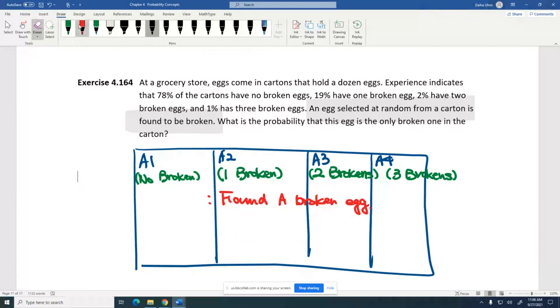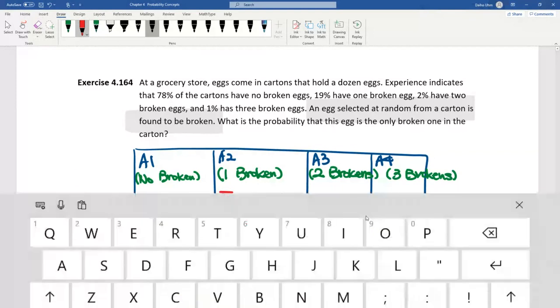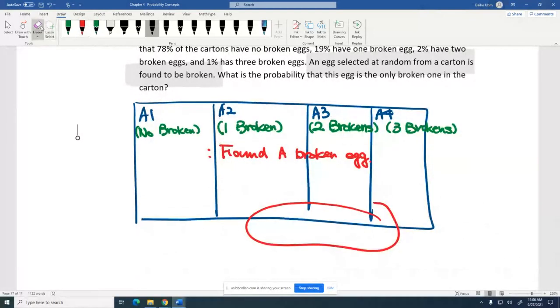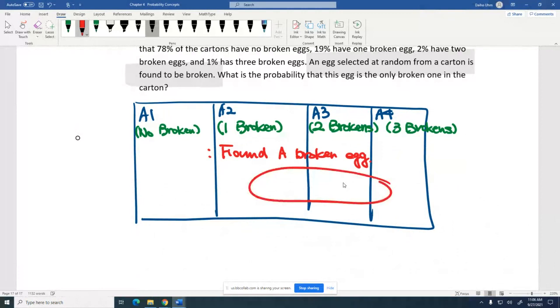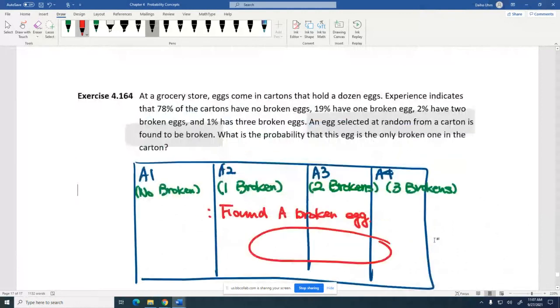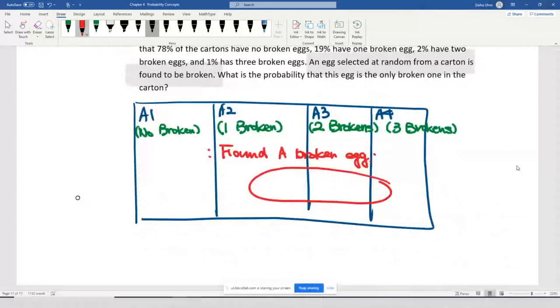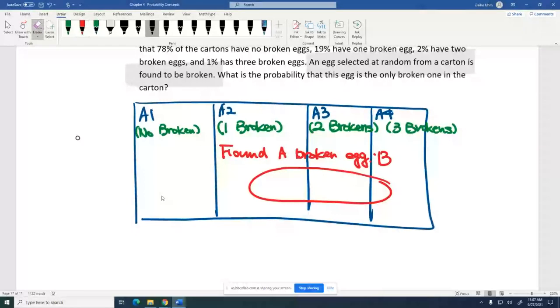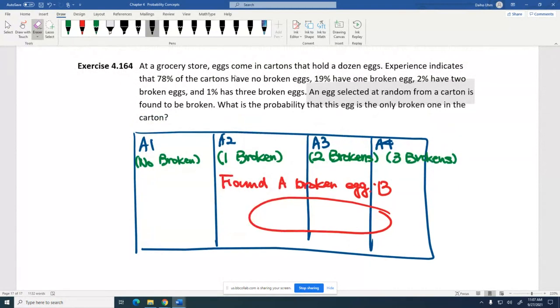On A1, we cannot pick a broken egg because inside there is no broken egg already. Does it make sense, right? Yeah. But still it is B. The circle in the middle is the event that we found a broken egg.